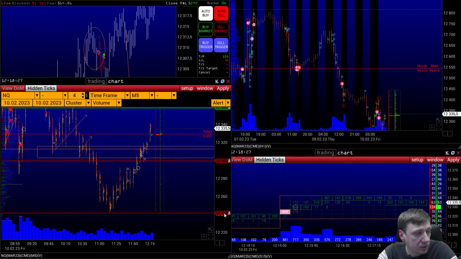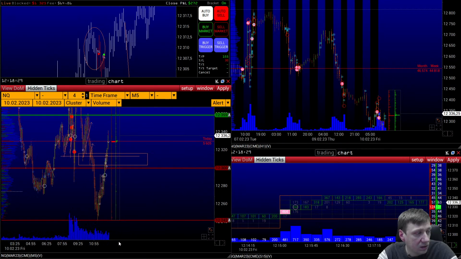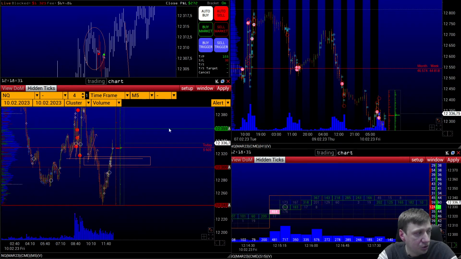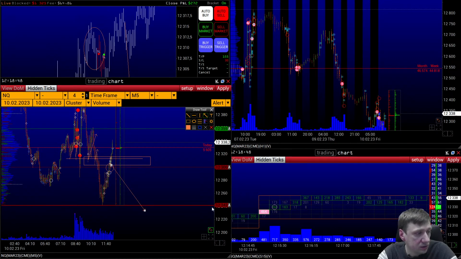If you place your stop loss here, be sure that price can easily go from 12,300 to the bottom of this movement. It can pierce 12,240, and then it can rise again. But you can get stopped out, and the stop loss is quite big.